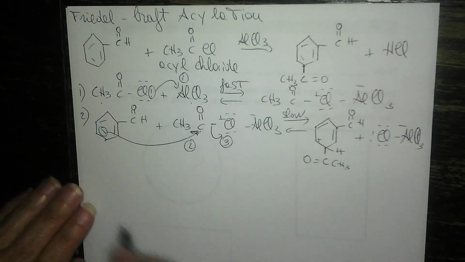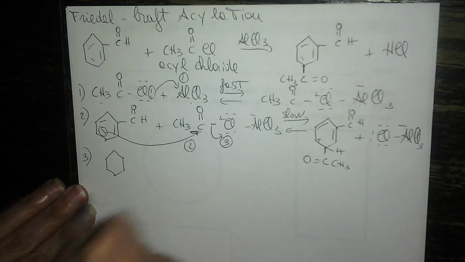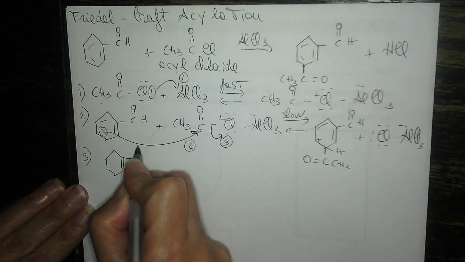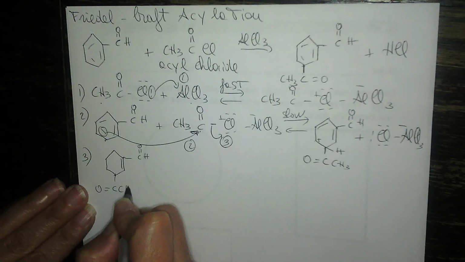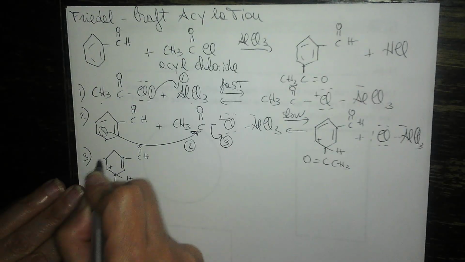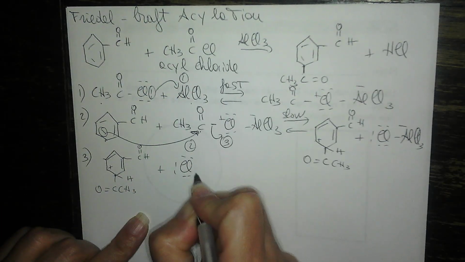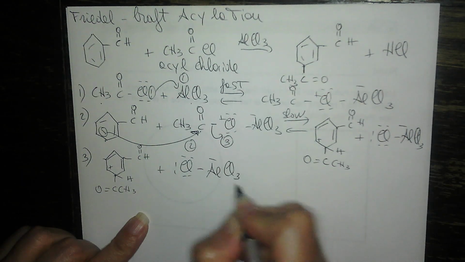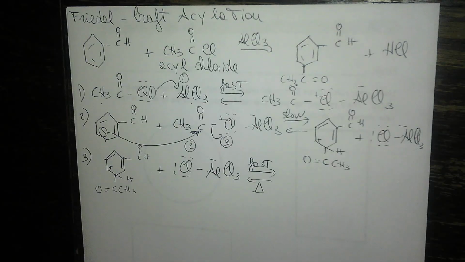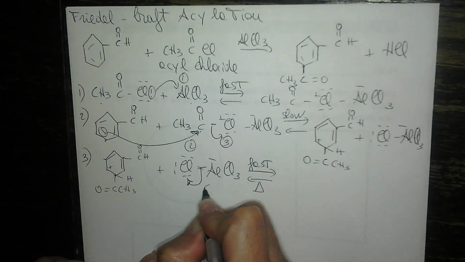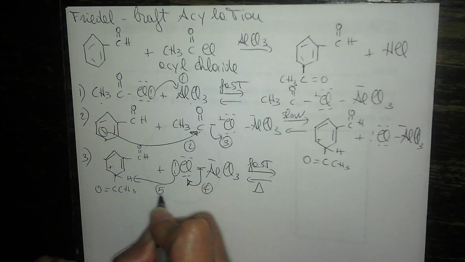Step 3 will be restoring the ring, so you copy this all over again. There will be double bond, C double bond OH, then you have here C double bond O with a CH3 and an H, plus, and a double bond, plus Cl, aluminum negative, Cl3. Fast and in presence of heat. This is the bond you break. Motion 4. The Cl grabs the H. Motion 5.